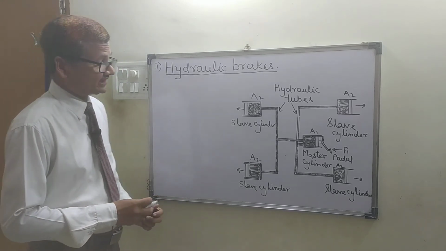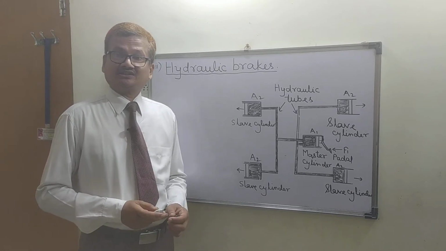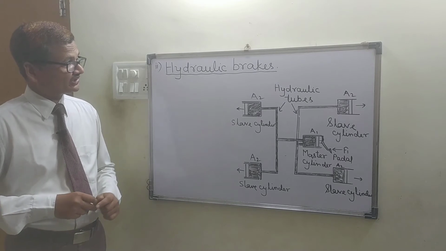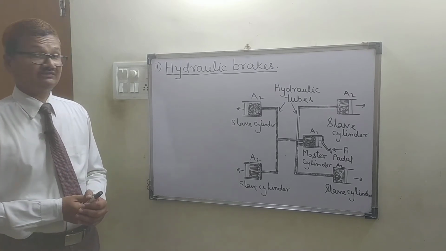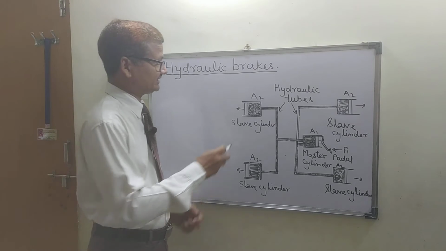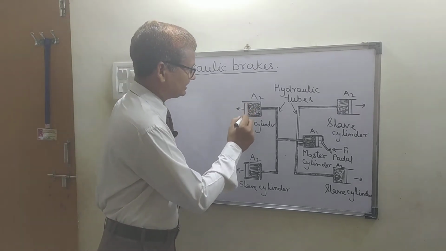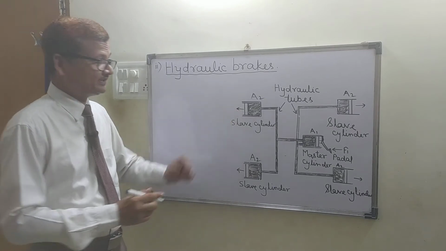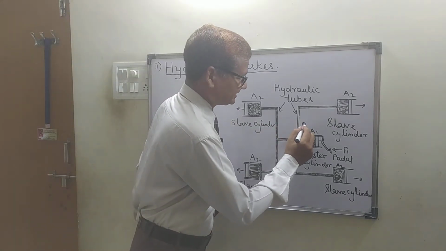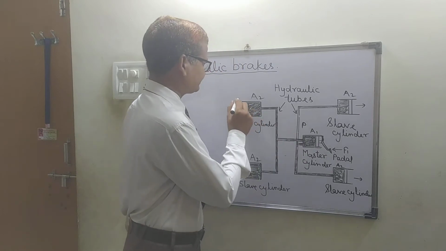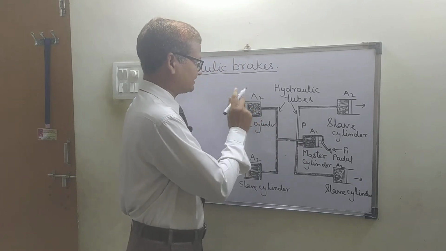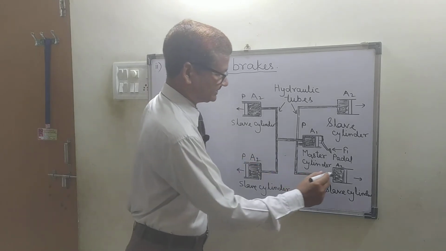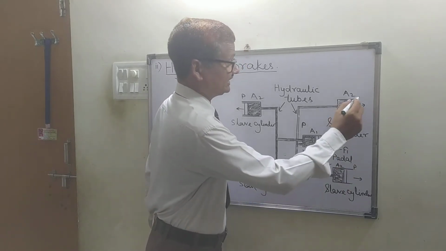Therefore, according to Pascal's law, equal pressure, undiminished, will be exerted everywhere inside the cylinders. So the pressure exerted here will be the same, that is P. If the pressure exerted here by this pedal is P, the pressure exerted here will also be P, and here also P, and here also P.